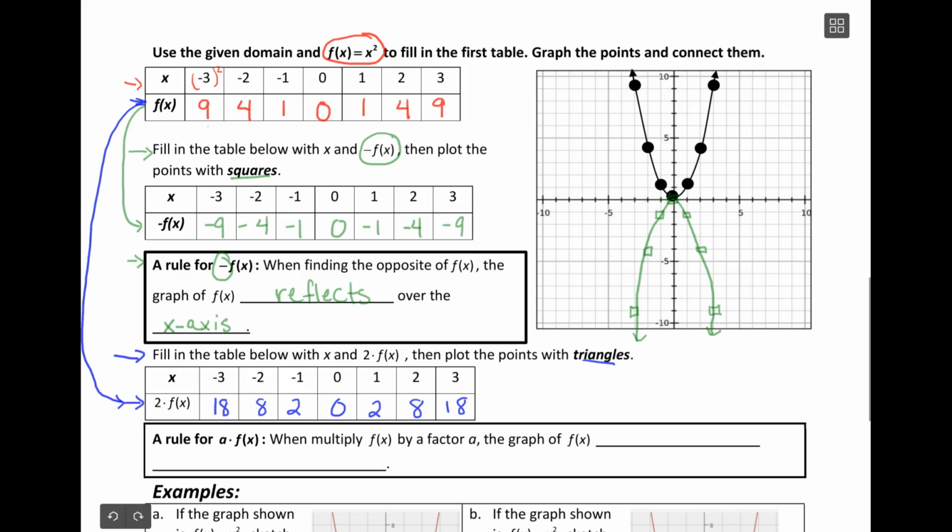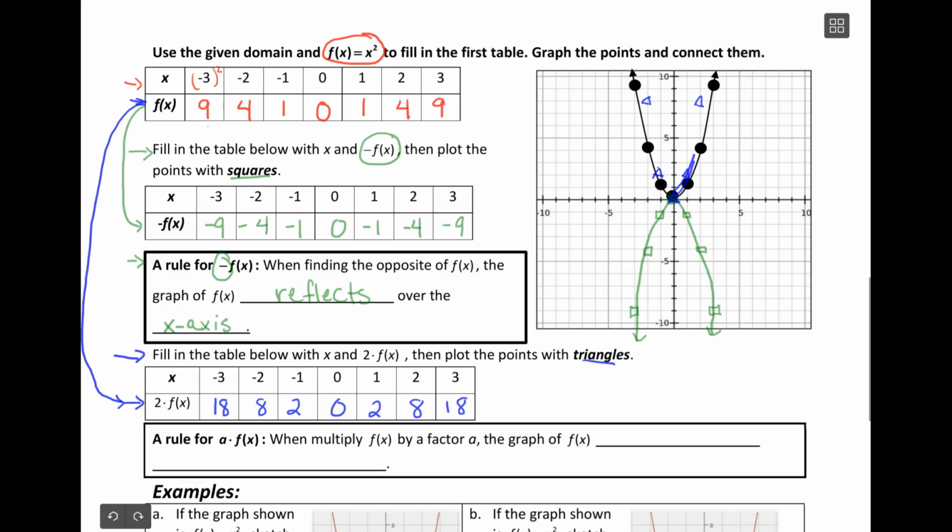So I'm going to go all the way up to 8, and I'm going to draw in a little triangle there. -1, I'm going to go up to 2, and I can put a triangle right here. And at 0, it stays 0, so just put my triangle right on top. And at 1, I've got 2. At 2, I go up to 8 again, so it's right there. And at 3, 18, so once again, I can't quite get that.